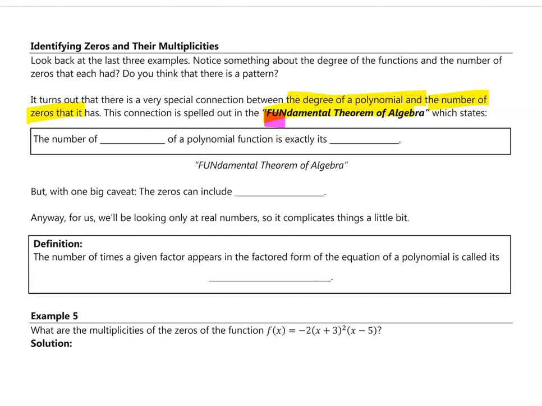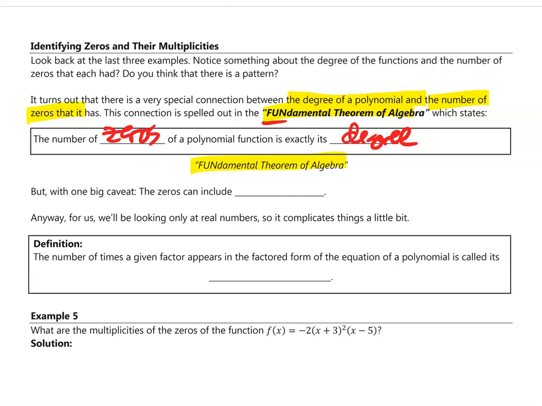Which states that the number of zeros, take note of this, of a polynomial function is exactly its degree. Fundamental theorem of algebra.